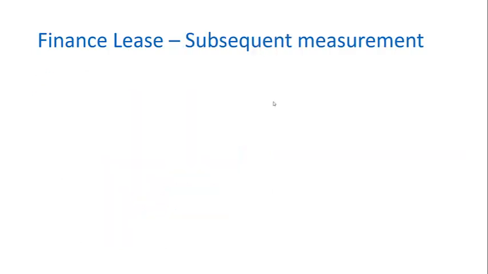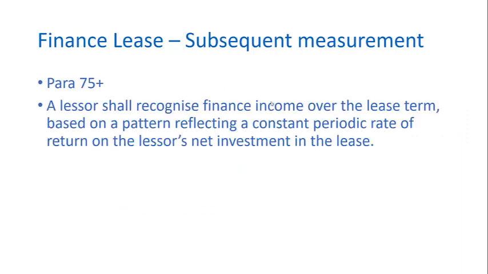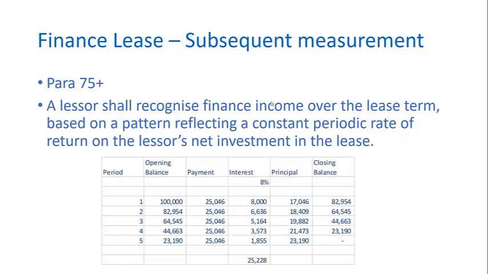Subsequent to that initial measurement, for a finance lease, the lessor shall recognise income over the term of the lease based on a pattern reflecting a constant periodic rate of return on the lessor's investment in the lease. So what we're effectively saying there is that you use that implicit interest rate to determine the interest revenue on the finance receivable.